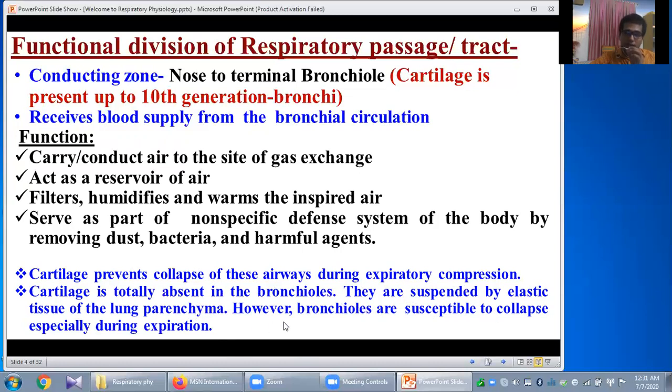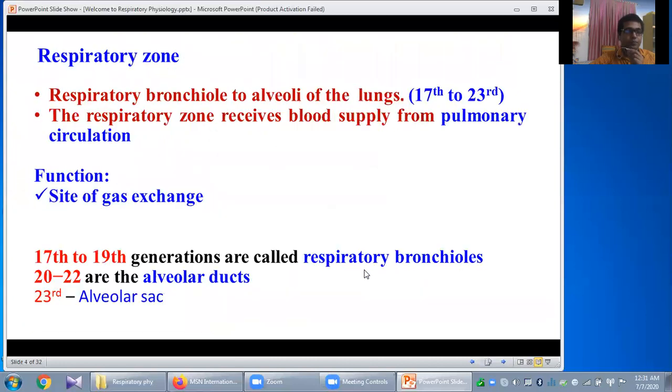So, if there is any disease process that involves this cartilage and the elastic tissue, the person will suffer from collapse of this respiratory passage during expiration.